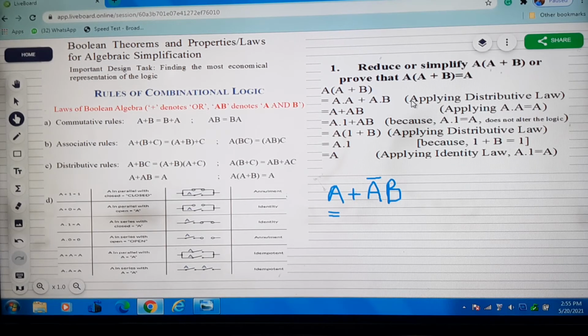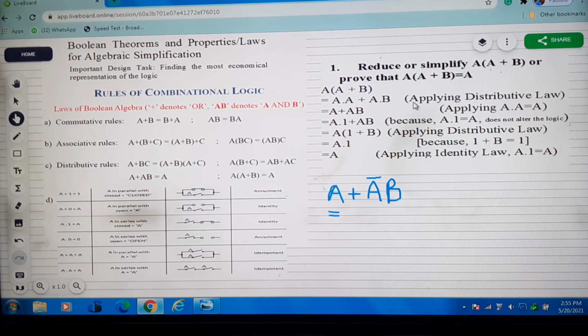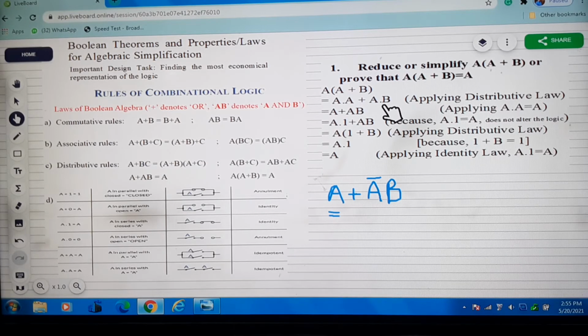Now, by applying distributive law, we can multiply and we can write that A dot A plus B is equal to A dot A plus A dot B. Here each line that is written by us gives the form of the expression and the rule or rules used to derive it from the previous one.